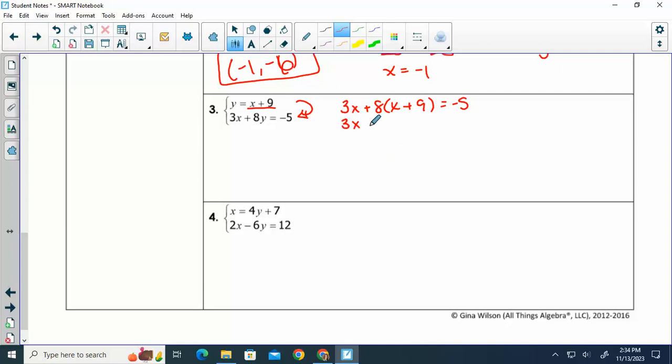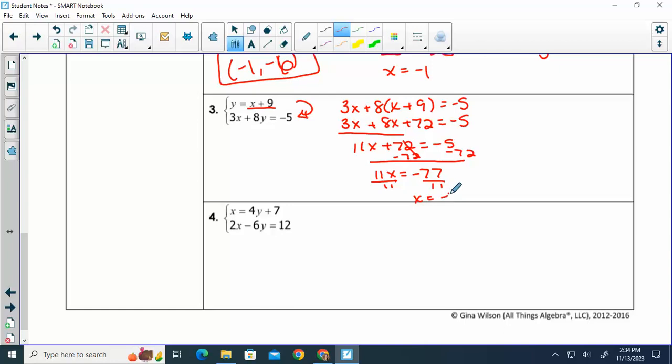So I get 3x plus 8x plus 72 equals -5. These are on the same side, so we just add them. We subtract that. Divide by 11.